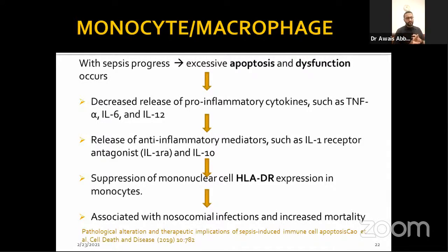That is followed by release of anti-inflammatory mediators such as interleukin 1 receptor antagonist and interleukin 10. This decreased release of pro-inflammatory cytokines with increased anti-inflammatory mediators results in suppression of the mononuclear cell HLA-DR expression on the surface of monocytes. All this pathophysiological alteration results in the monocytes and macrophages not functioning normally, and these are ultimately associated with nosocomial infections and increased mortality.